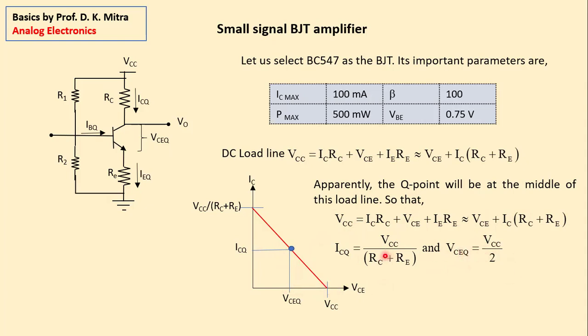And IC is given by VCC divided by RC plus RE, because the slope of this line is minus 1 upon RC plus RE. So this is the quiescent point. When you design the transistor amplifier, you provide the bias, that means VBB, etc., that we discussed in our last slide, in such a way that ICQ becomes VCC divided by RC plus RE. VCC you know, and RC, RE you have also selected.